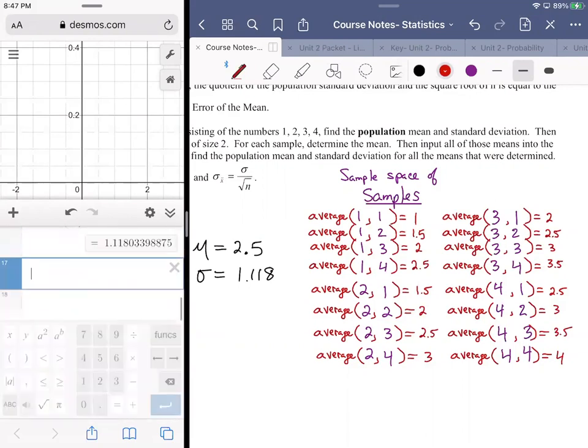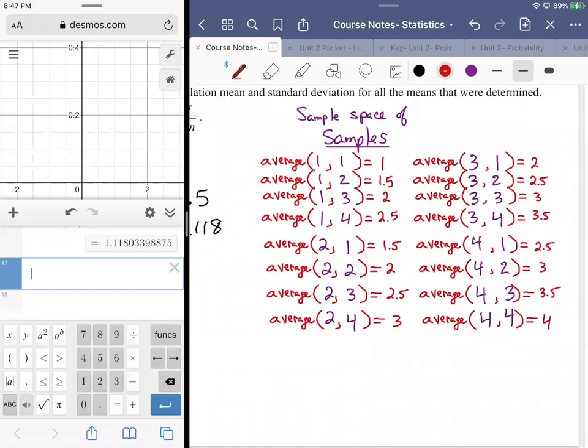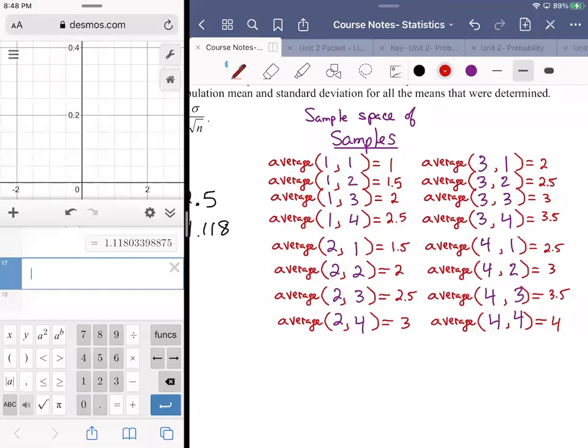So again, what I'm going to do is find the mean of these sample means. Each one of these ends up being a sample mean, so this is a list of sample means.